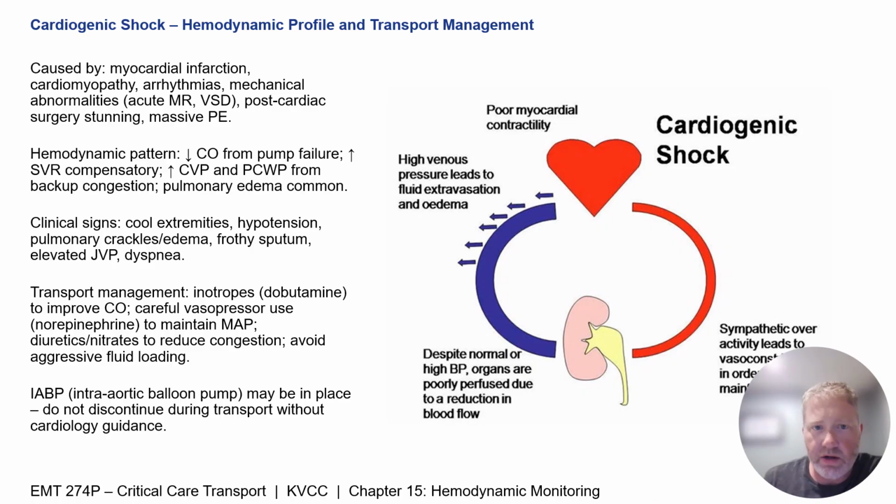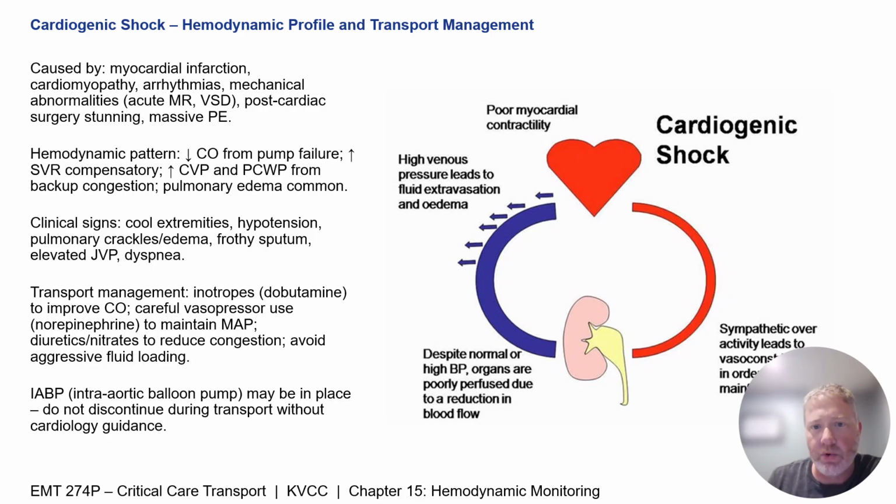Cardiogenic shock, that's a pump failure state in which the ventricle cannot generate enough forward flow to meet the metabolic demand. In that case, the cardiac output falls, while the filling pressures, such as the CVP and the wedge pressure, often rise because blood backs up behind the failing pump. Systemic vascular resistance, or SVR, increases as a compensatory response.